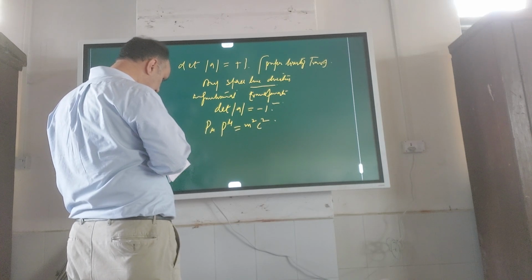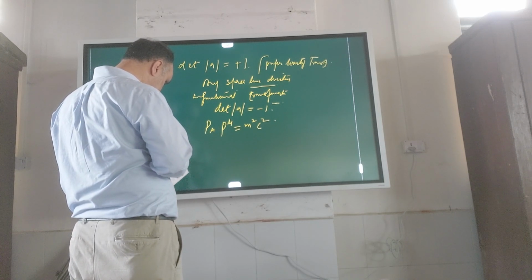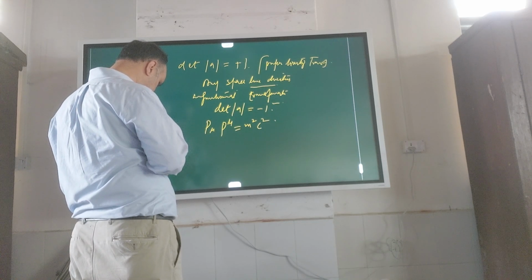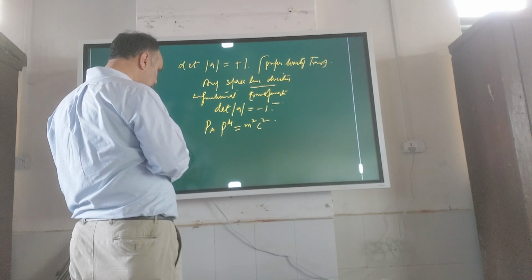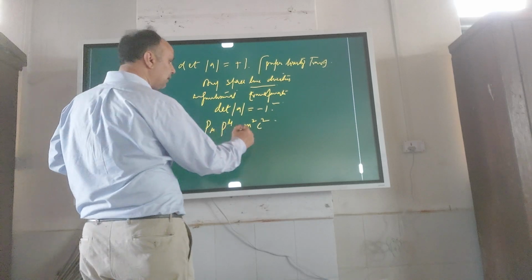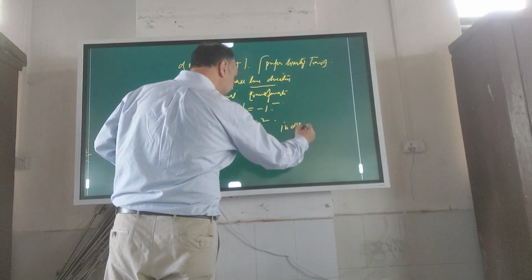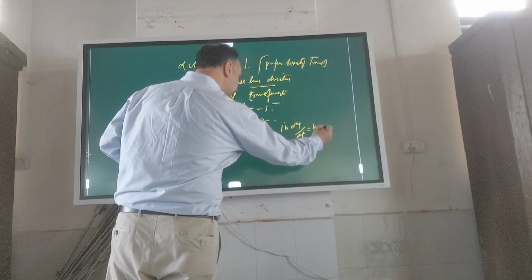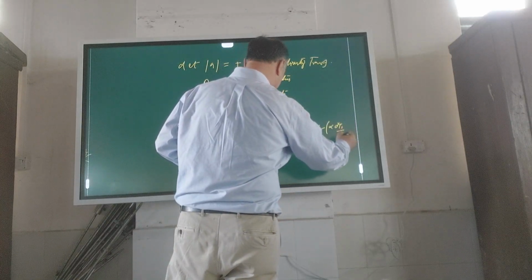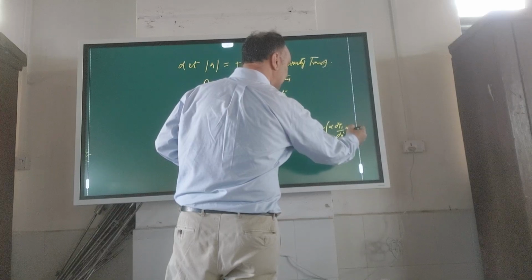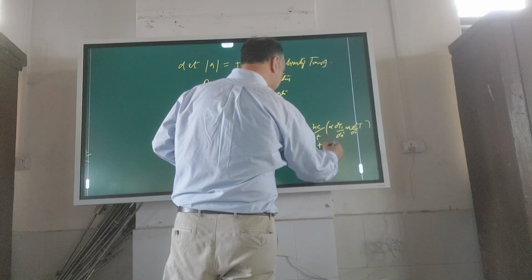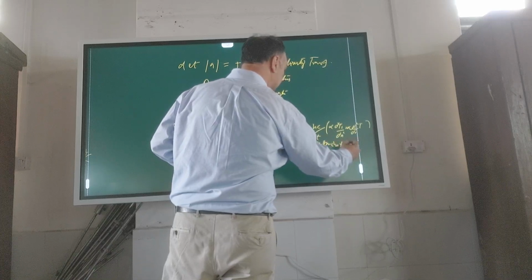Remember equation 1.13 in the previous lecture. The equation 1.13 we have is i h bar d psi by dt equals h c by i, alpha 1 d psi by dx1 plus alpha 2 d psi by dx2, and so forth, plus beta m c square psi.